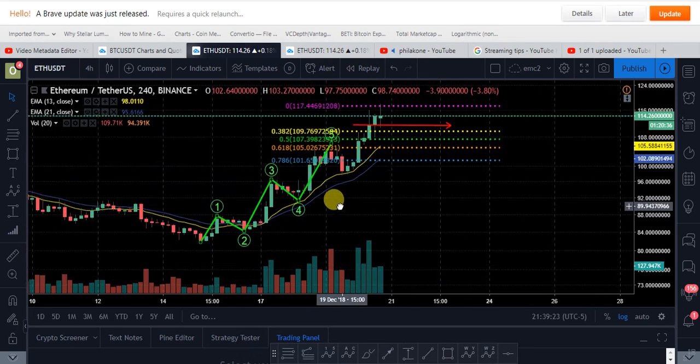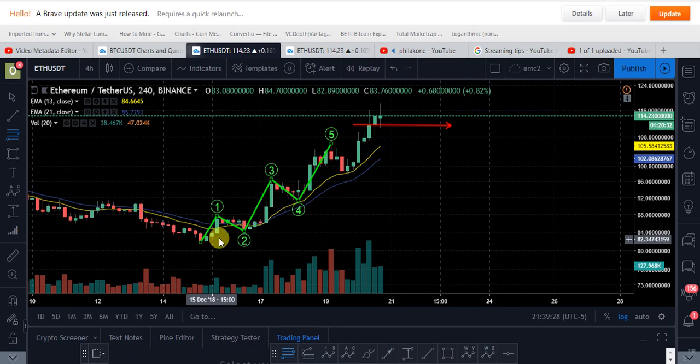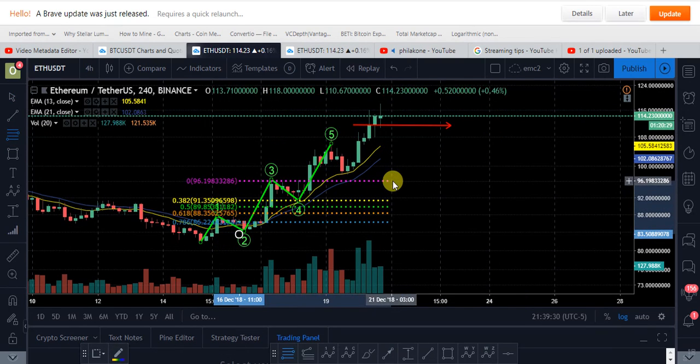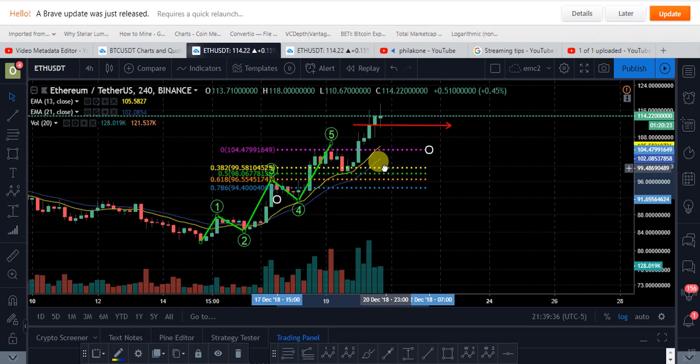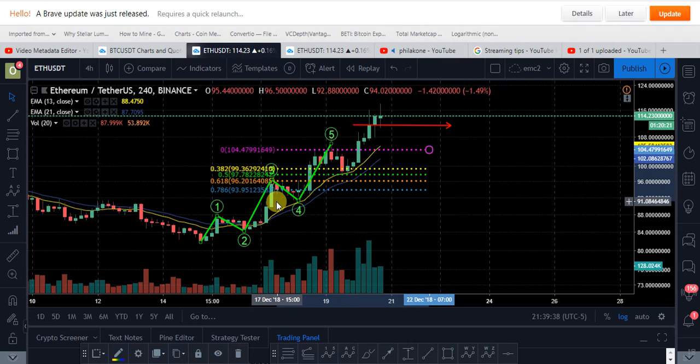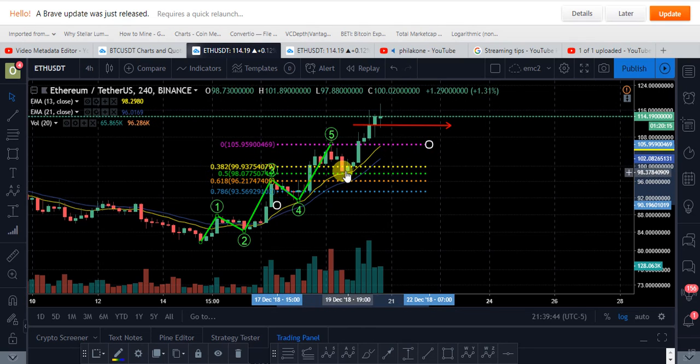So look at this area right here. 382, same thing, right? And the same scenario applies to this area, right? 382, right? So 382 to 50%, right?